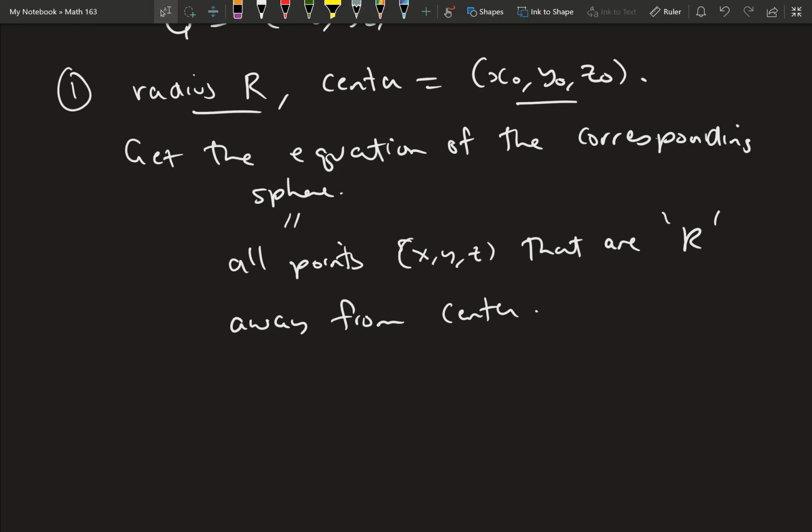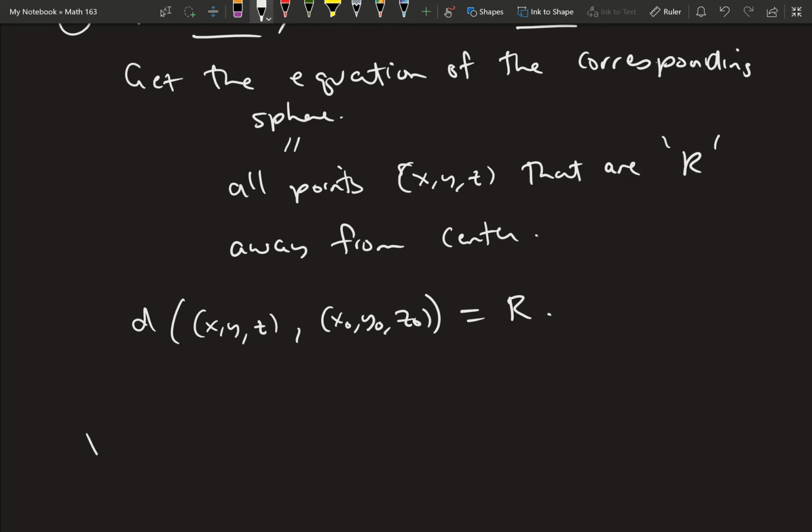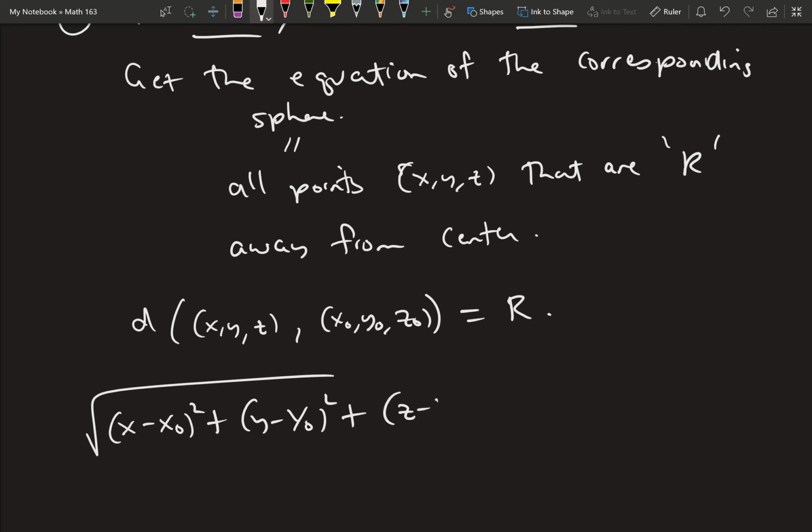Well, that means the distance from this x, y, z to the center point x0, y0, z0 has to be r. We have a distance formula now. That means the square root of x minus x naught squared plus y minus y naught squared plus z minus z naught squared must be r.